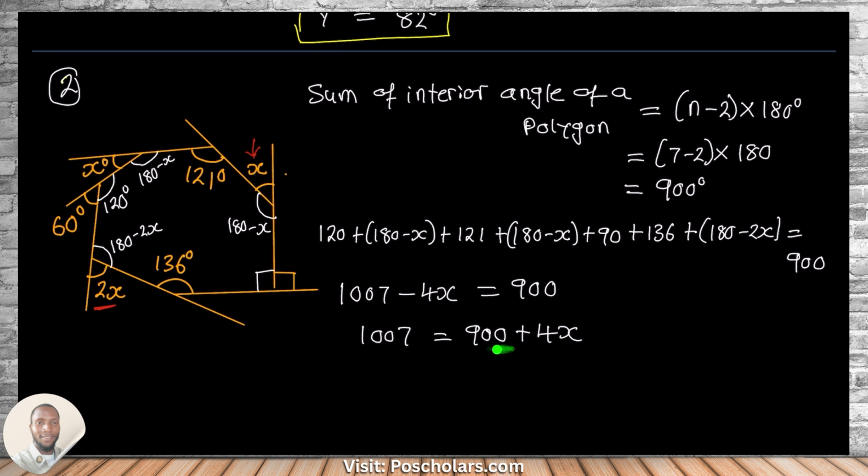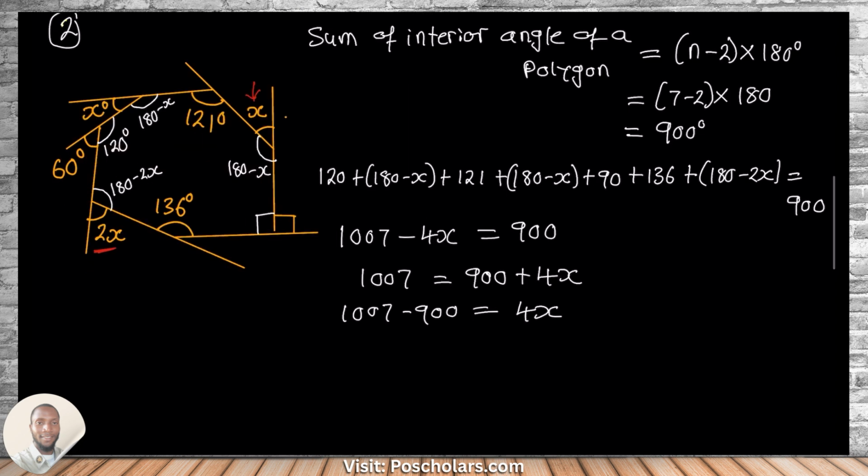Since I want to eliminate 900 from the right hand side, I will subtract it from both sides. When I do that, I'll be left with 1007 minus 900 in the left side equals 4x in the right hand side. Now 1007 minus 900 gives 107 equals 4x, right?